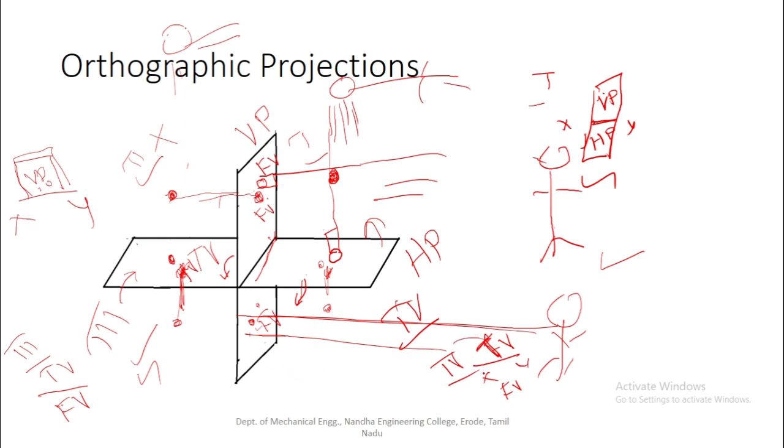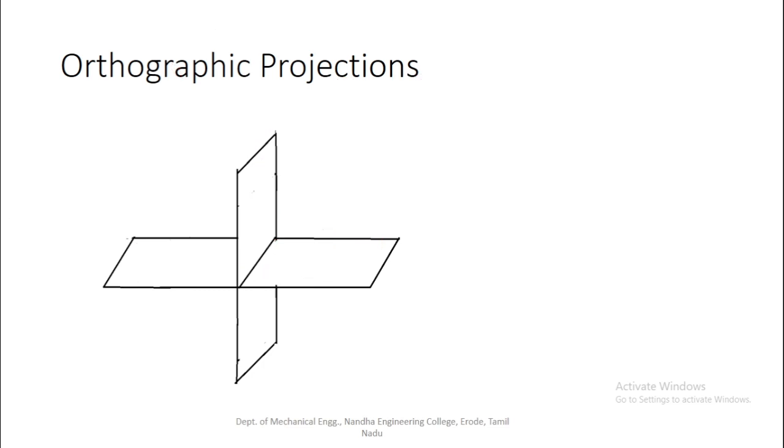So in the fourth angle of projection method, already the top view is lying below the XY reference axis. After we rotate the HP 90 degree in clockwise direction, so if the object is placed in the fourth quadrant, to draw the front view, always the observer's position is here.